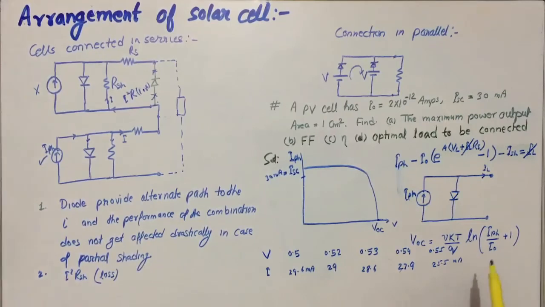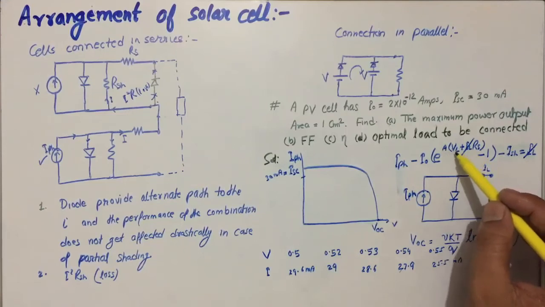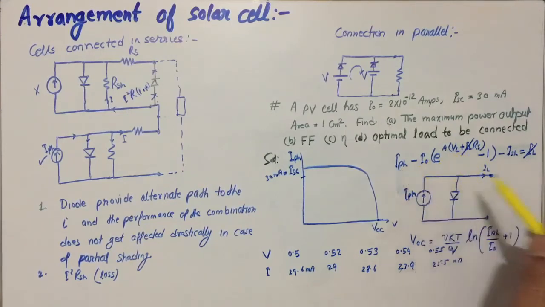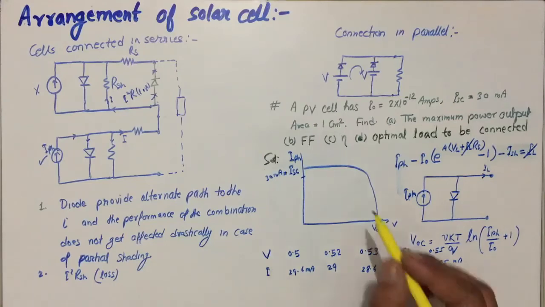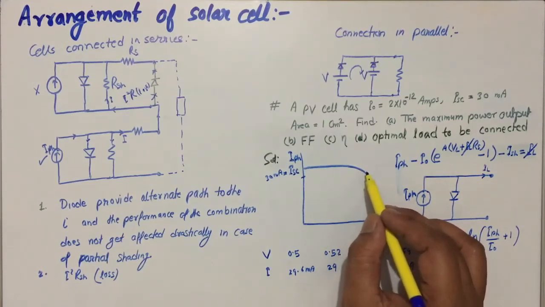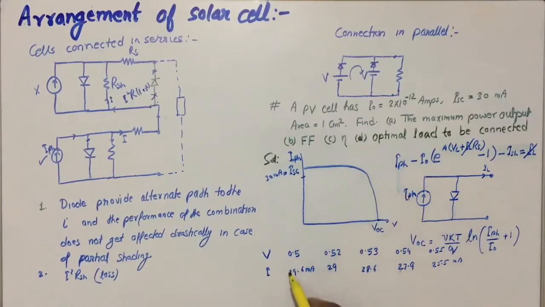Okay, so for different values of V you can find the value of I. And if you know V and I, then just multiplication of these two will give you power. So in every case, just multiply this by this, you can get power.